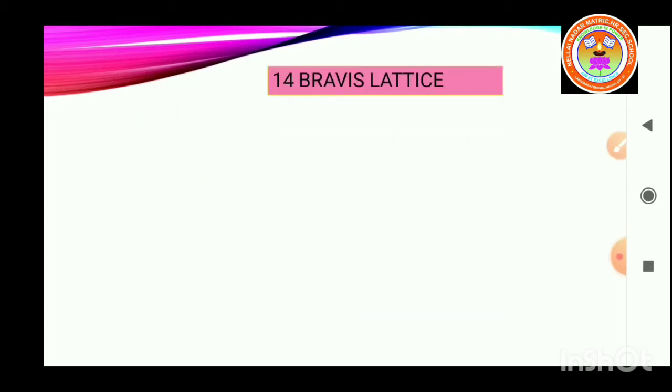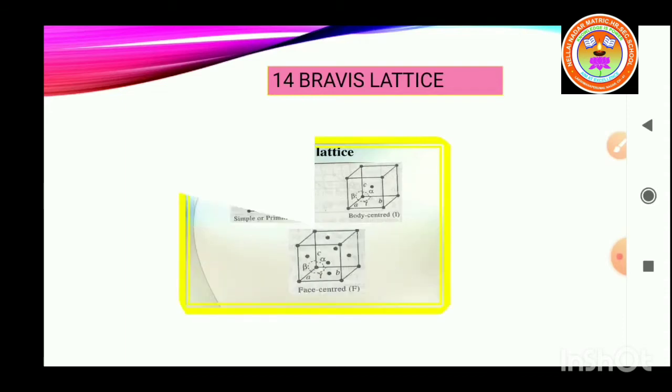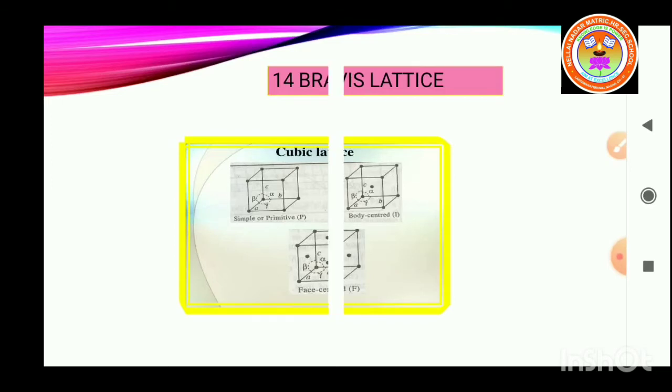Yes, after finishing the crystal systems, see here, Bravais defined 14 possible lattices. Okay. So in the case of the cubic lattice, it has a further classification: one is simple cubic, another one is body centered cubic, and the third one is face centered cubic.